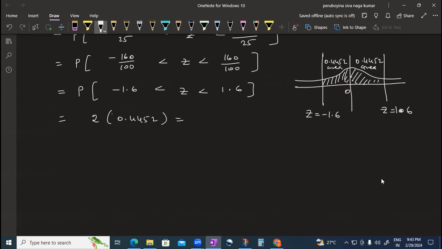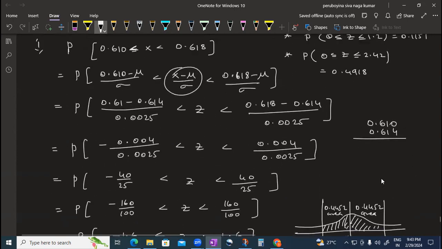Now multiply with 2: 2 twos are 4, 5 twos are 10, 1 carried forward, 8, 9, and 8, 0. He is asking for percentage. Percentage is 0.8904 multiplied by 100. So 89.04 percent is the answer to the first question.